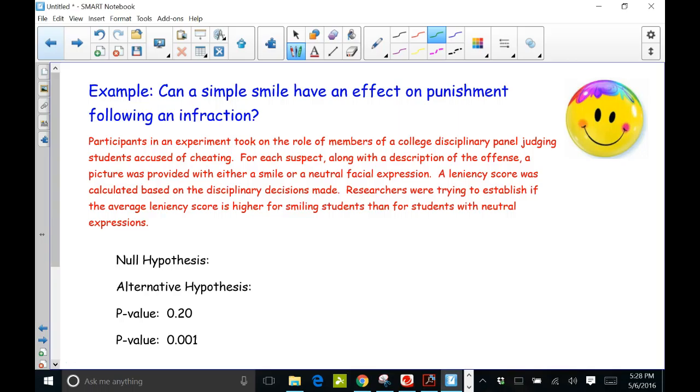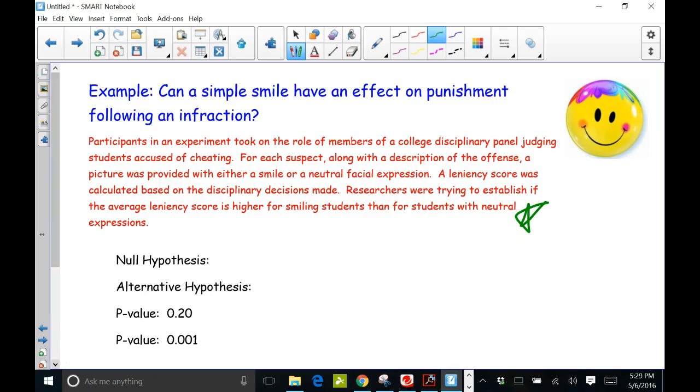For each suspect, along with the description of the offense, a picture was provided with either a smile or a neutral face. A leniency score was calculated based on the disciplinary decisions made. Researchers were trying to establish if the average leniency score is higher for smiling students than neutral students. So in other words, if you smiled, were you going to get a more lenient punishment?